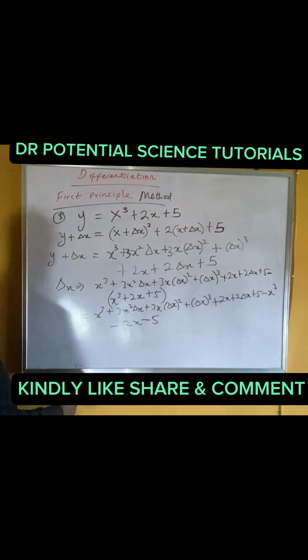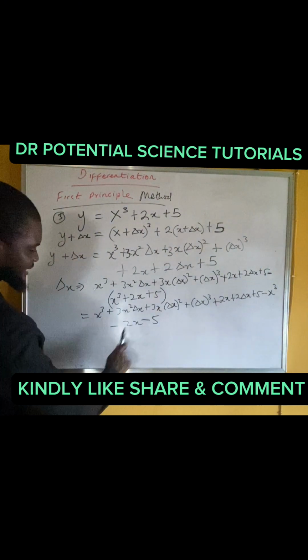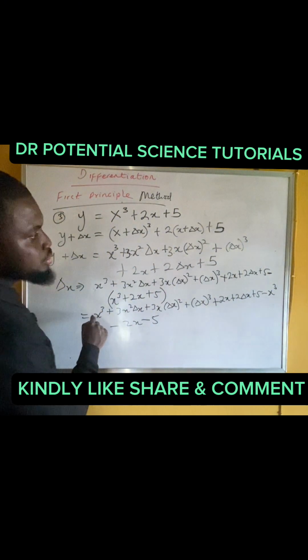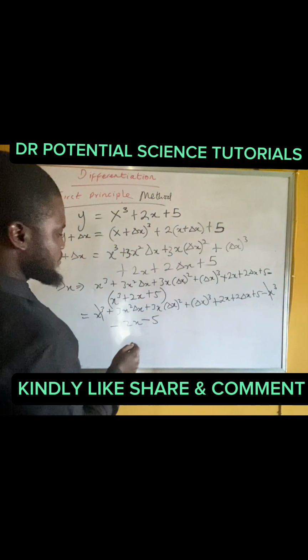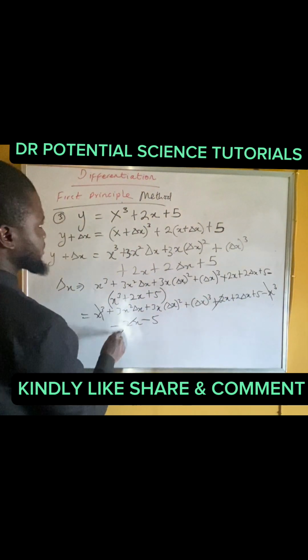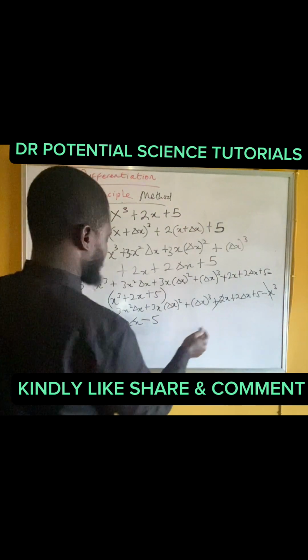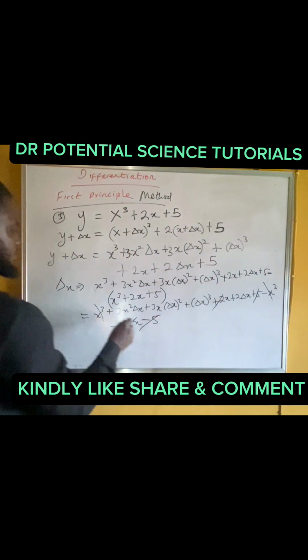Now, collecting like terms. Please, you must always write this. If it's a theoretical question, you must always highlight what you're doing. So next thing is what? Collecting like terms. So x cubed minus x cubed cancel out. Plus 2x minus 2x cancel out. Plus 5 minus 5 cancel out.